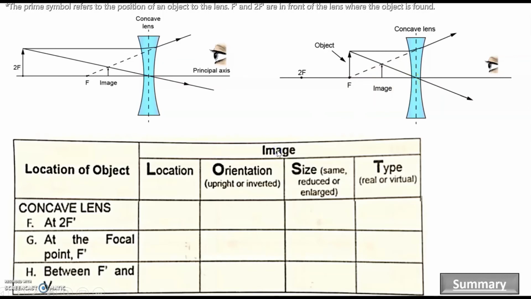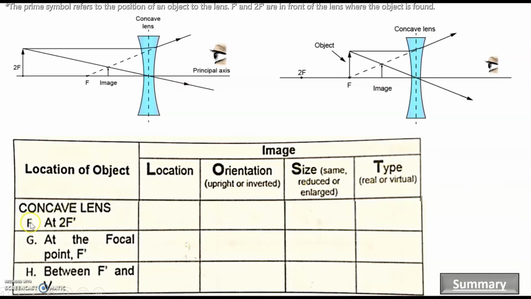Let's complete this table here. On this table, you will write the LOST of the image formed by the concave lens. Location, that's L, orientation for O, size for S, and the T is the type of image.